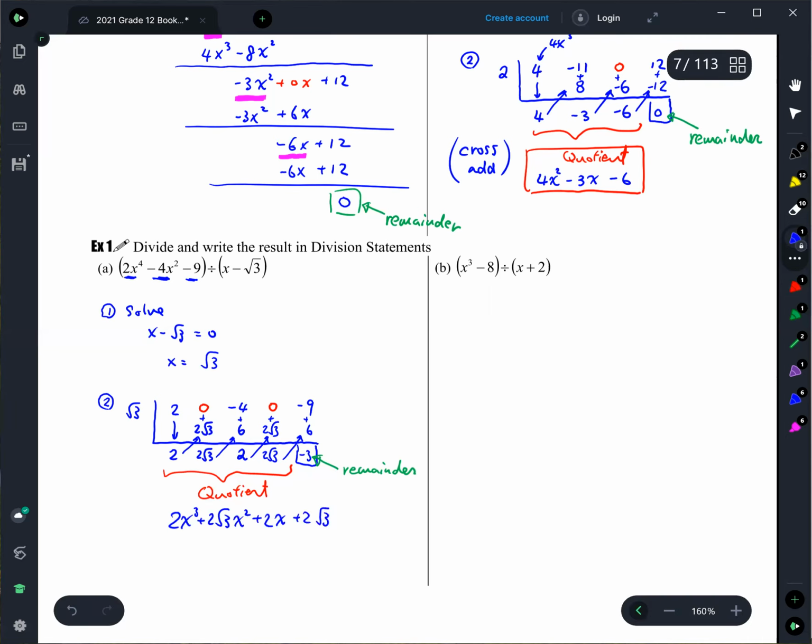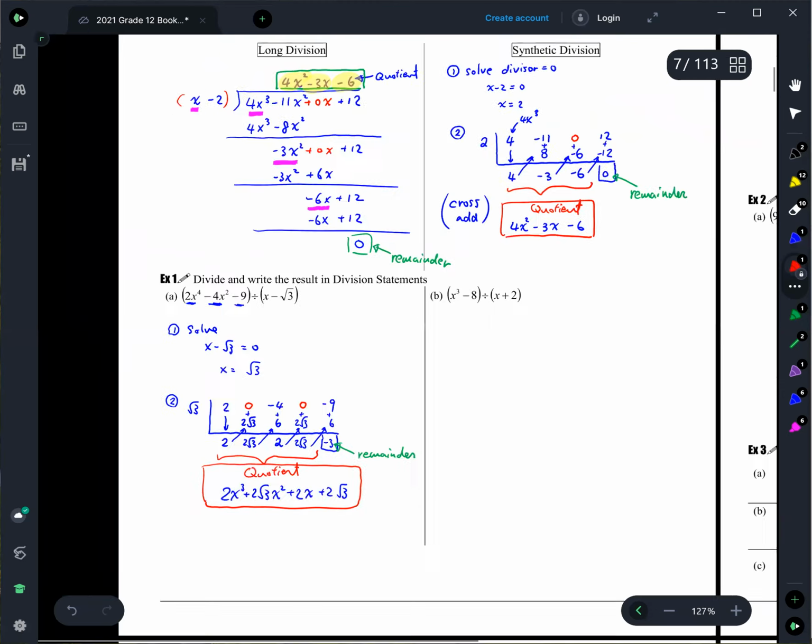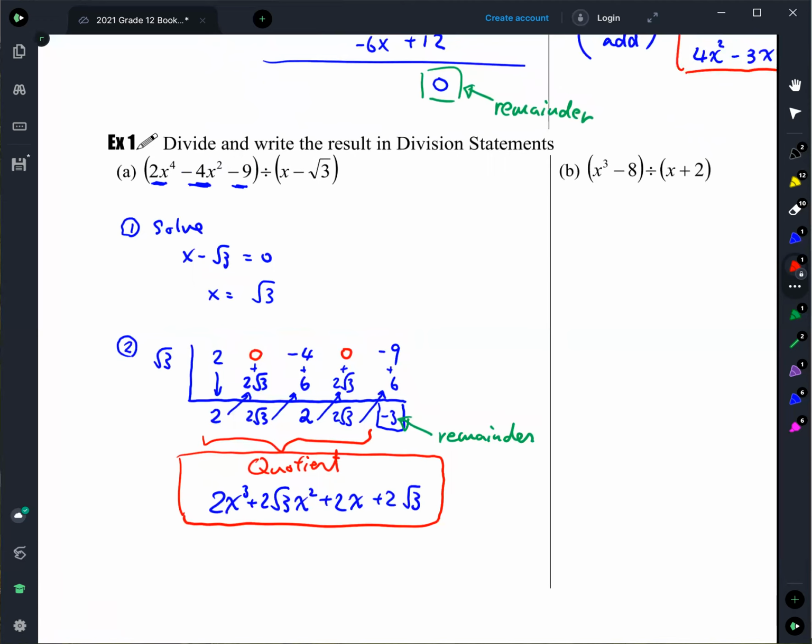You just go down in order: x cubed, x squared, x, and then no x. Once you have all the coefficients, you just fill in the x values. So just be careful. Sometimes in the box you need to fill in the zeros if it's missing a term.